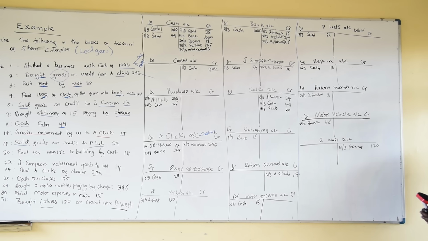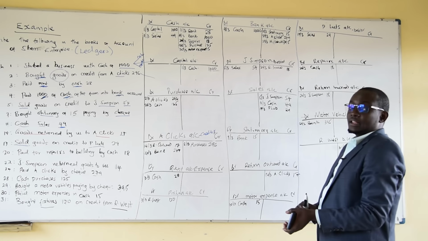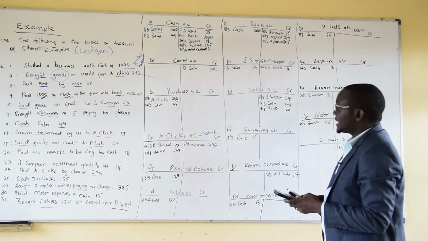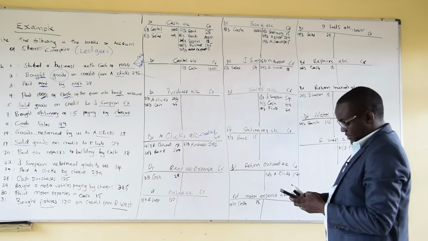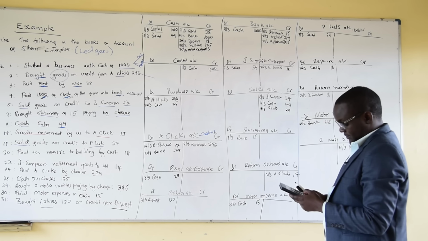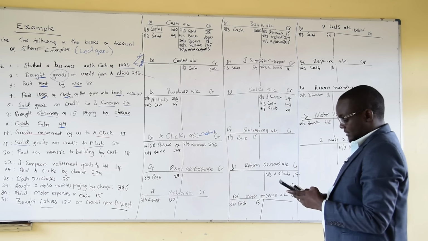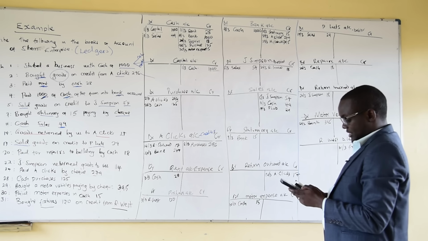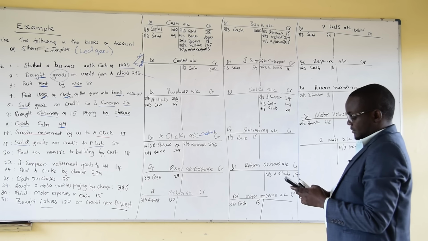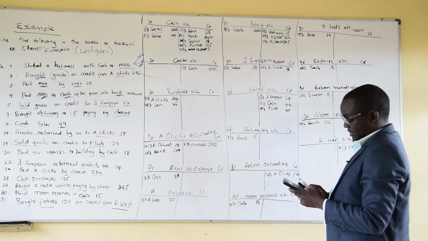What remains is to do what we call balancing of accounts. Balancing of accounts is getting the totals of each account, then doing balance carried forward. I'll do the balancing here. So I'll look at the cash account first, which has the credit as 28 plus 1,000 plus 18 plus 125 plus 15.